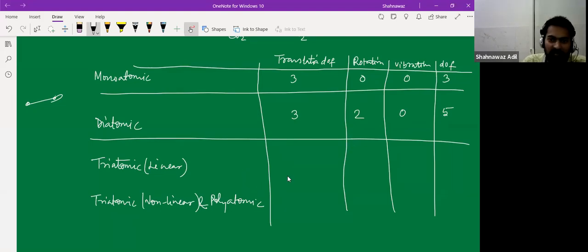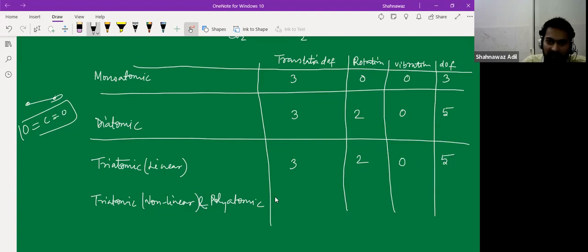For triatomic linear, again, you have the same. Triatomic linear is what? CO2, right? So again, you only have 2 kinds of rotation, and the vibration is 0. So this is 5.